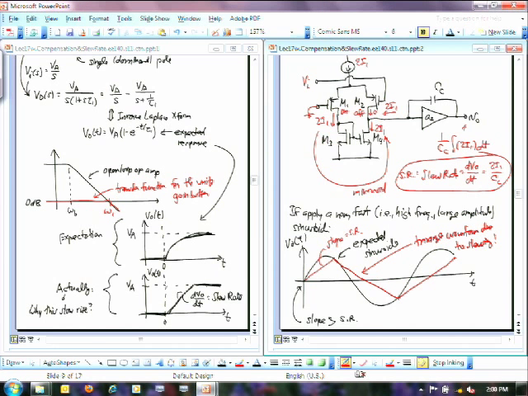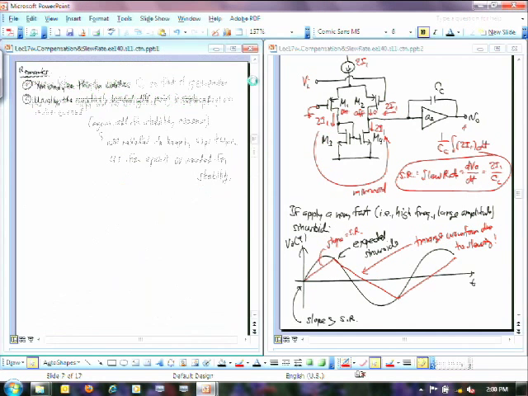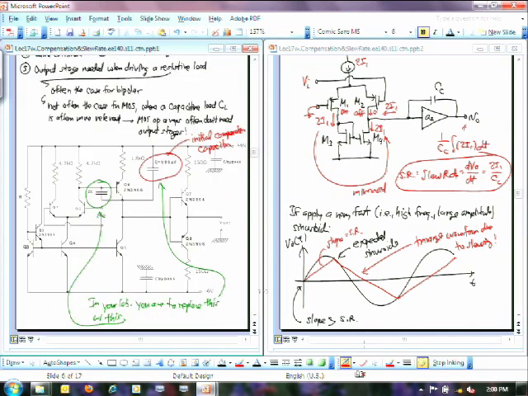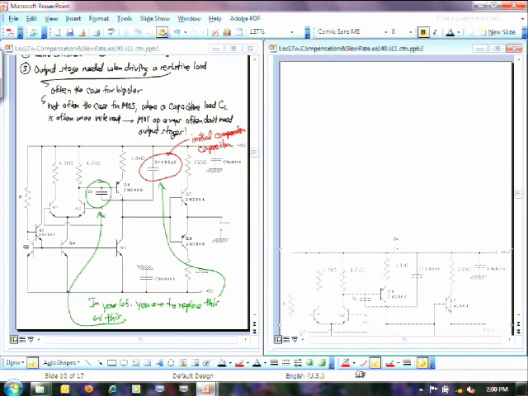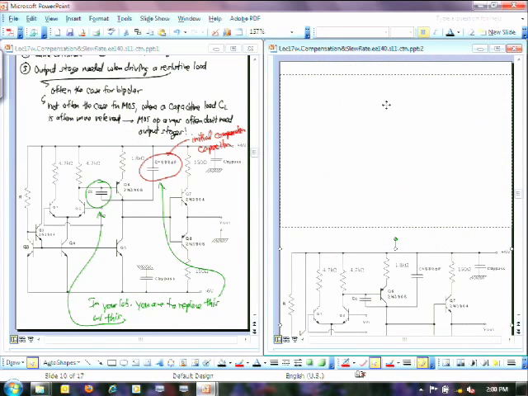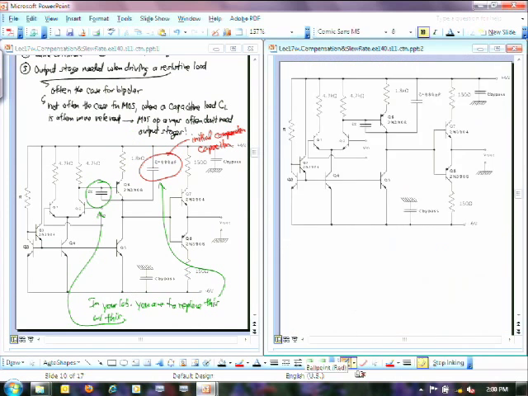So this is your current source right here for that op amp. If this current source is putting out a certain amount of current, then it's going to dictate the maximum current that you can feed into that capacitor right here. And that's what's going to cause the slewing of your lab op-amp.